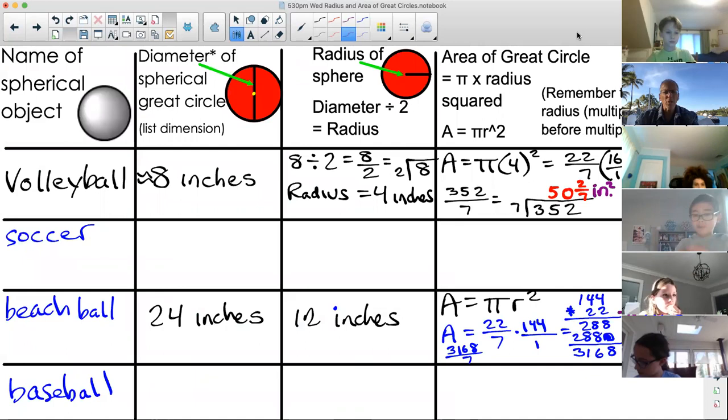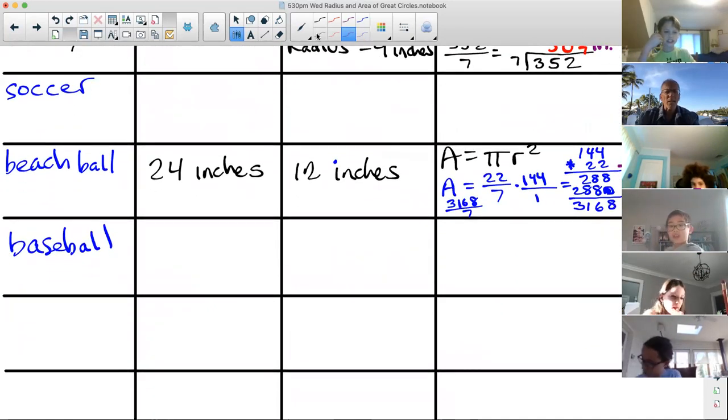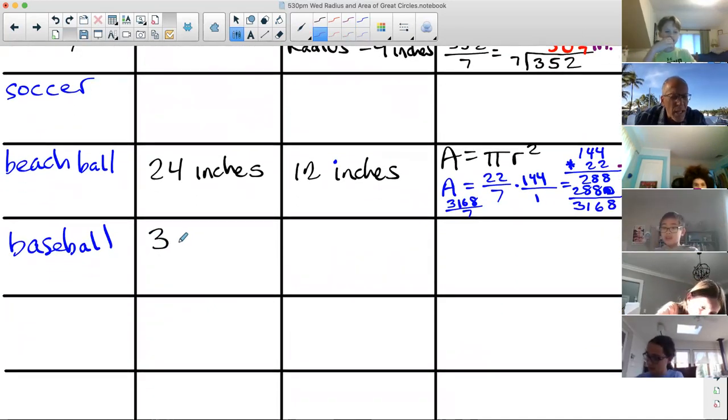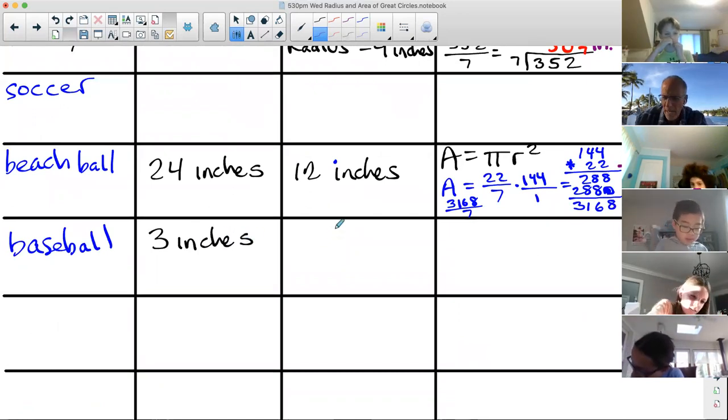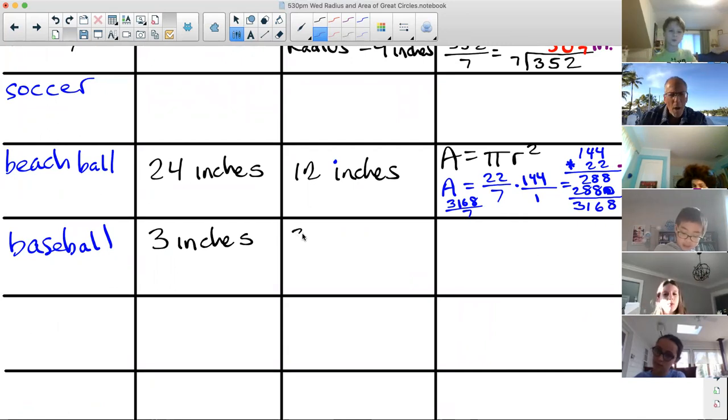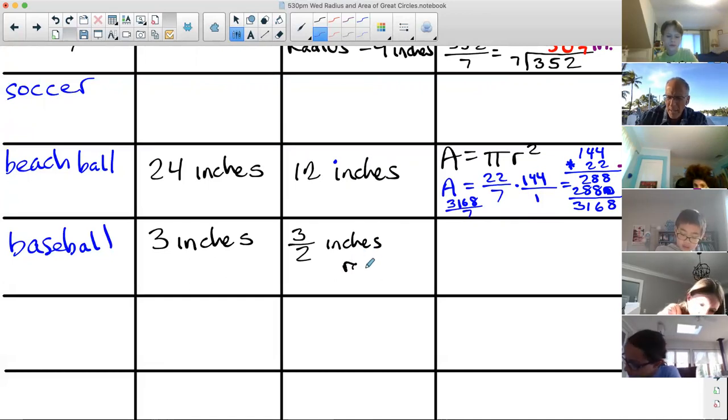But what I want to ask you is, if the baseball is 3 inches in diameter, what is the radius? Everybody say it out loud on 3. 1, 2, 3, go. 1.5. I want you guys to get into the habit of writing down 3/2. 3/2 inches is the radius.